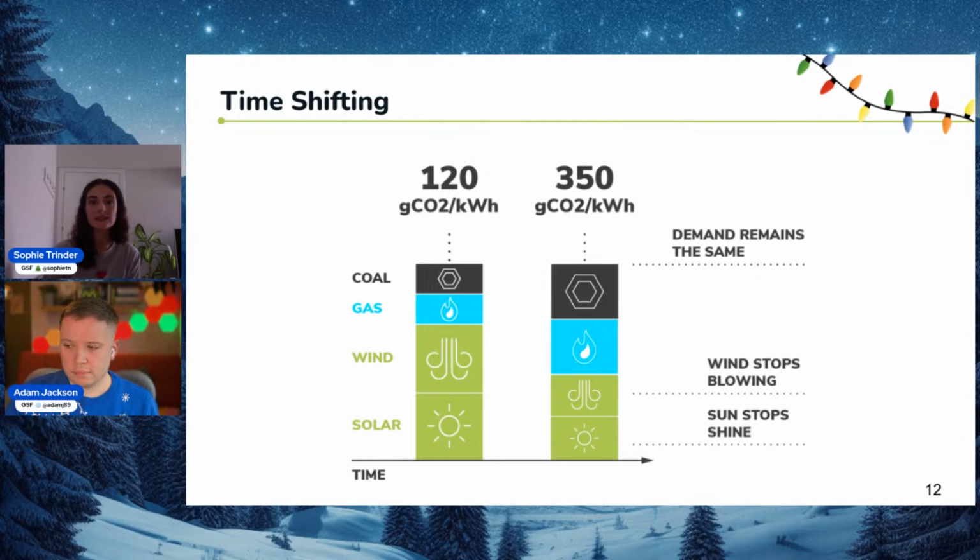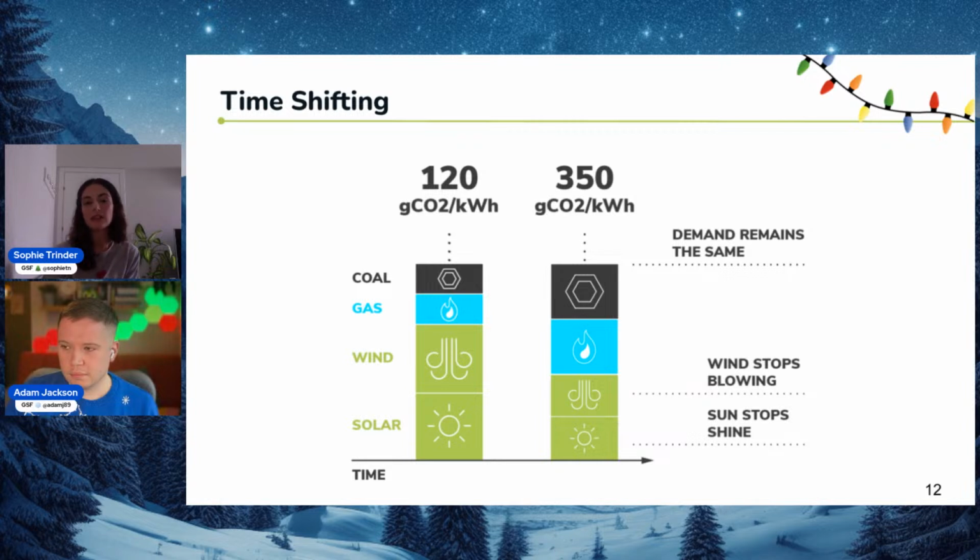But if later the sunshine stops, the wind stops, then to ensure we have enough electricity generated and supplied to match that demand, a power company may have to burn more coal or gas. For example, on the right-hand side, the same electricity demand has a higher carbon intensity of 350 grams of carbon dioxide per kilowatt hour.